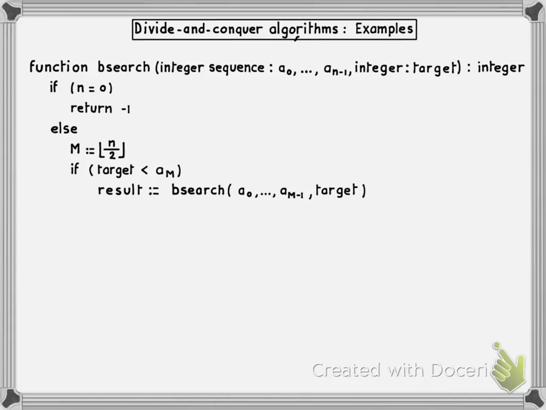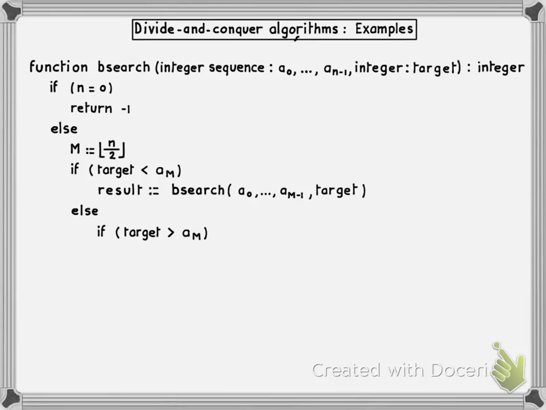Now, what happens if this Boolean condition is not true? Well, we have two more cases, so we're going to test for those in the next step. If this is not true, then it could be that the target integer is greater than a sub m. In that case, we also do a recursive call, but we do it on a subsequence that starts right after a sub m.